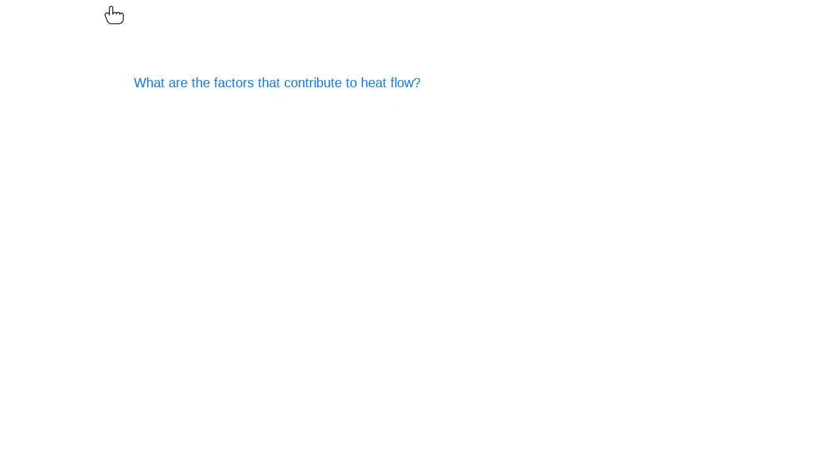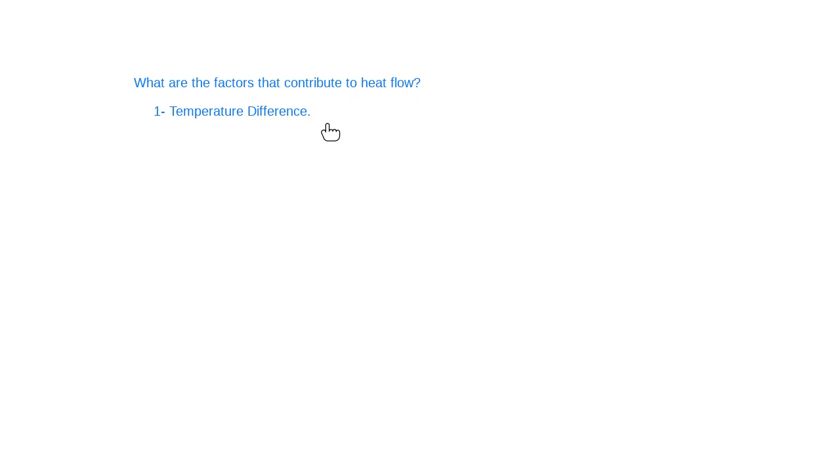Okay, so the first factor is the one we just mentioned, is the temperature difference. Okay, اللي هو الفرق ما بين درجات الحرارة ما بين المادتين الموجودة.